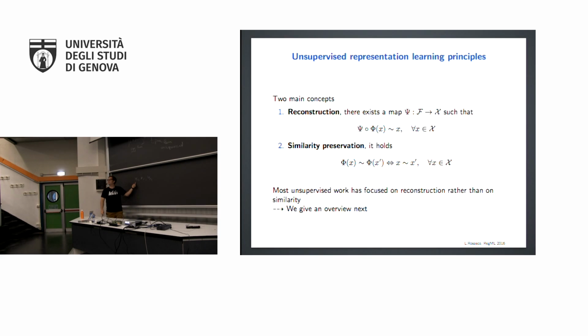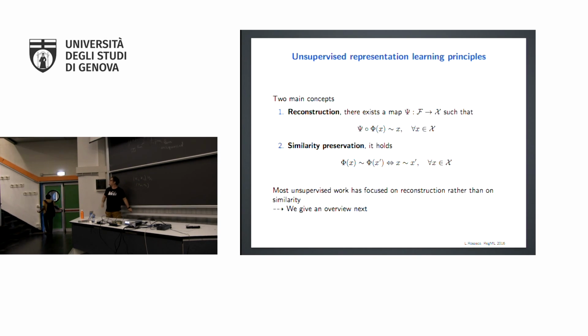So this is input 1, this is input 2, and now I tell you if they're similar: say 1 if they're similar, and 0 if they're not similar. Up to some renumbering, this is just a supervised learning problem where you have inputs and outputs.